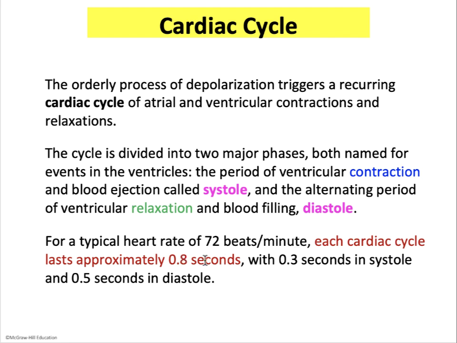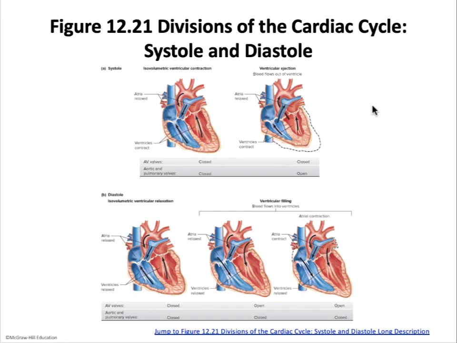Within that 0.8 of a second, the systole lasts 0.3 seconds and diastole lasts 0.5 seconds. Systole is the contraction of the chambers. Diastole is the relaxation or the distension of the heart. So D for D. The heart is a pump.